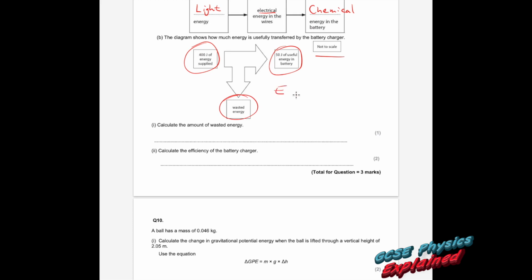So energy in equals energy out. We'll put 400 joules in. So far we've got 50 joules out, so that must mean that the wasted energy must have been the rest, so it must have been 350 joules.